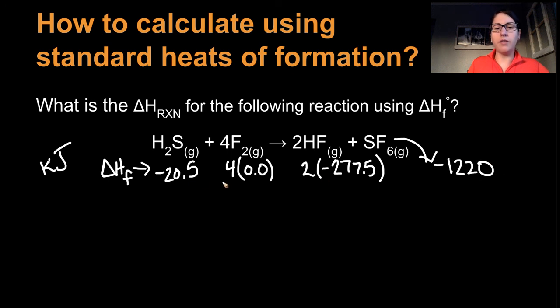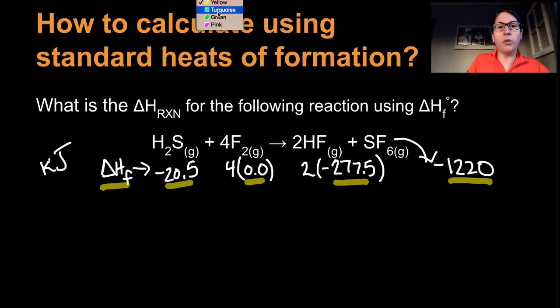So all of these delta H values that we have come from either the table in your book or the handout that I will give you. We also have to remember that we're multiplying them by the coefficients. So these numbers in front are the coefficients that we're multiplying them by if there's more than one of them.